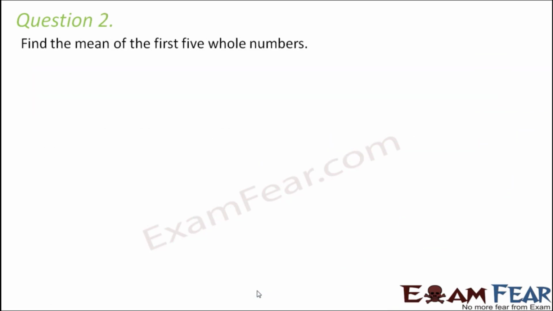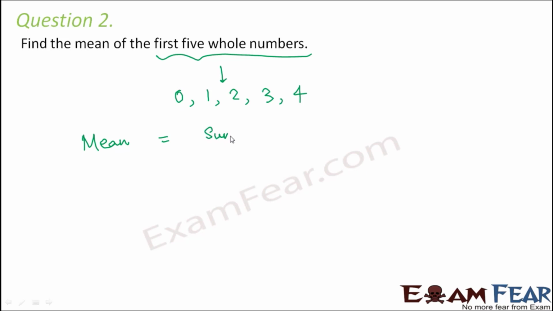Let us look at the next question. Question number 2: find the mean of the first 5 whole numbers. First of all, what are whole numbers? Numbers starting from 0 till infinity. Let us write down the first 5 whole numbers: 0, 1, 2, 3 and 4. Now to calculate their mean, mean would be the sum of the numbers divided by the number of numbers.